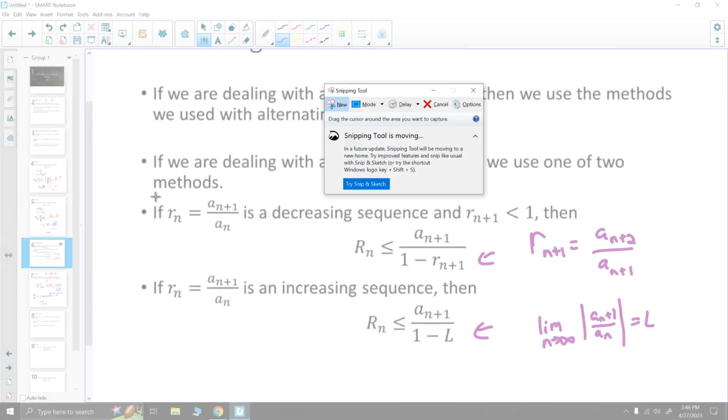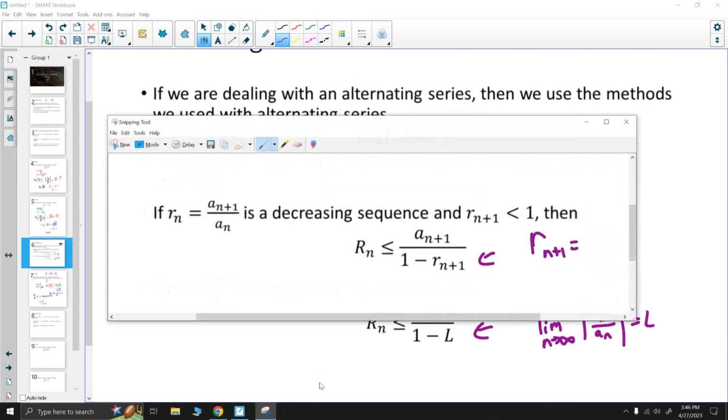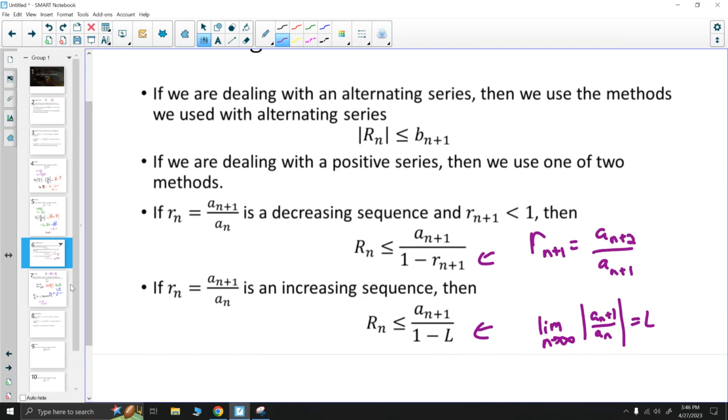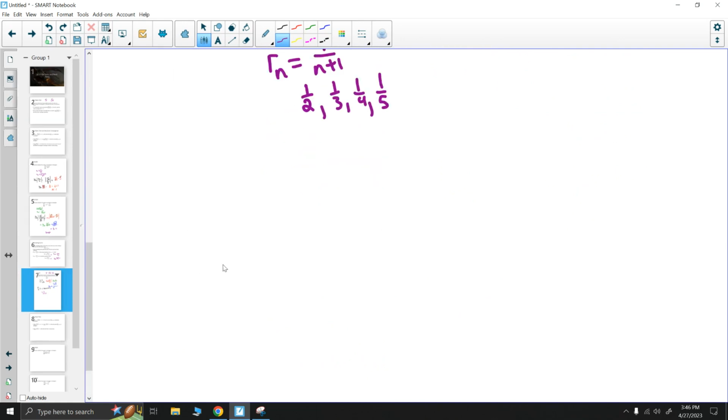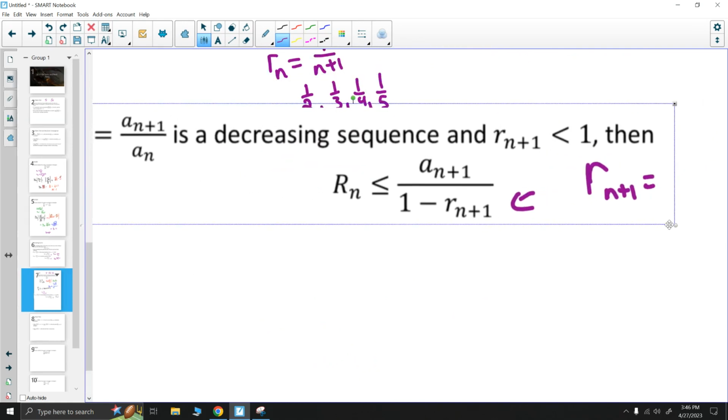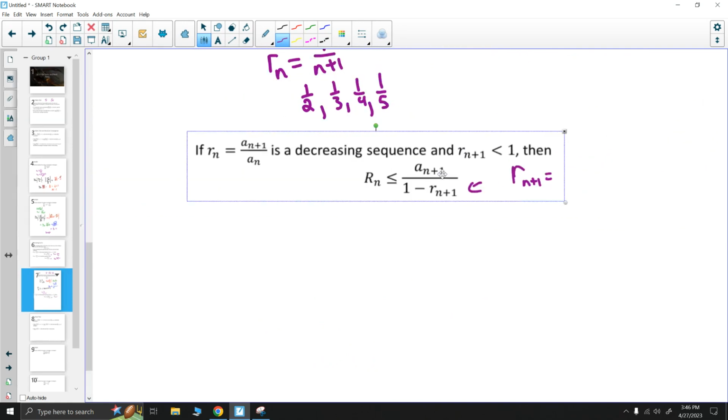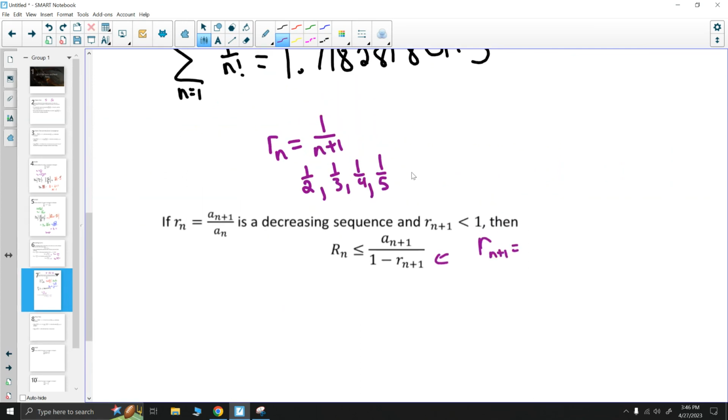Okay, so if we go here, we'll just take a look over here. I just want to paste it in so we have it as reference. So basically, our remainder, r sub 10, is going to be less than or equal to a sub 10 plus 1, which would be a sub 11, over 1 minus r sub 10 plus 1, which is also 11.